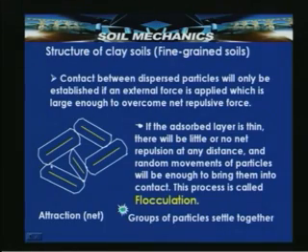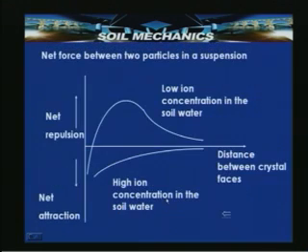You can see the particles flock with each other and form a contact like this, where attraction is the net force, and attractive forces dominate the repulsive forces, which makes the particles remain in contact with each other, forming pore void spaces in between these particles. So, groups of particles settle together or flock together. This particular arrangement is called flocculation or a flocculated structure, which we are going to see now.